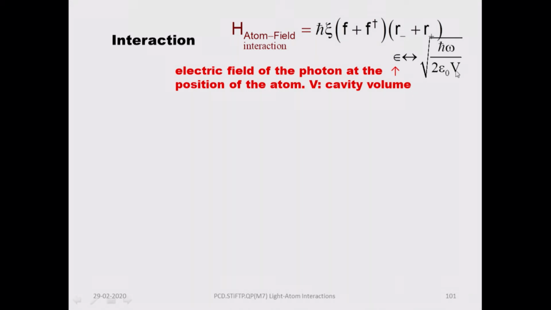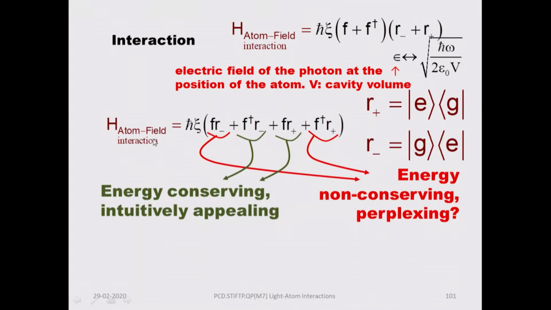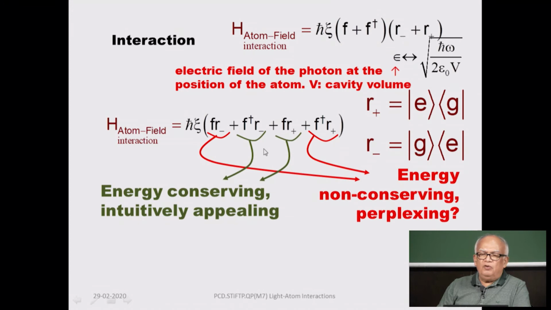This is the cavity volume which you can decrease to make the electric field of the photon large, right. And this is the atom field quantum second quantized operator. Now, notice if you look at these 4 terms, from the product of these two and these two you get 4 terms. Okay.